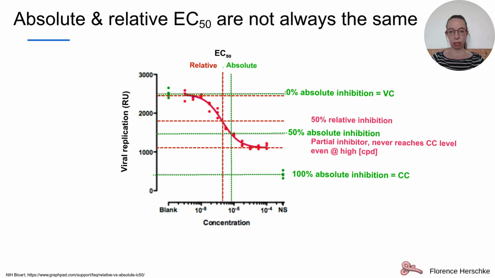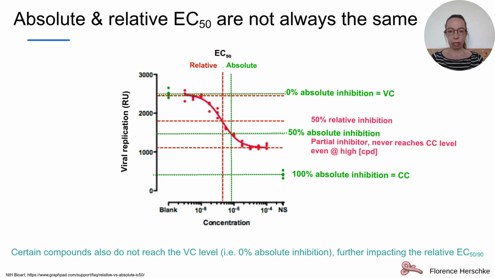So the relative EC50 is only calculated by the bottom and the top asymptotes in the dilution series. And so in that particular example, the relative EC50 is actually lower than the absolute EC50.